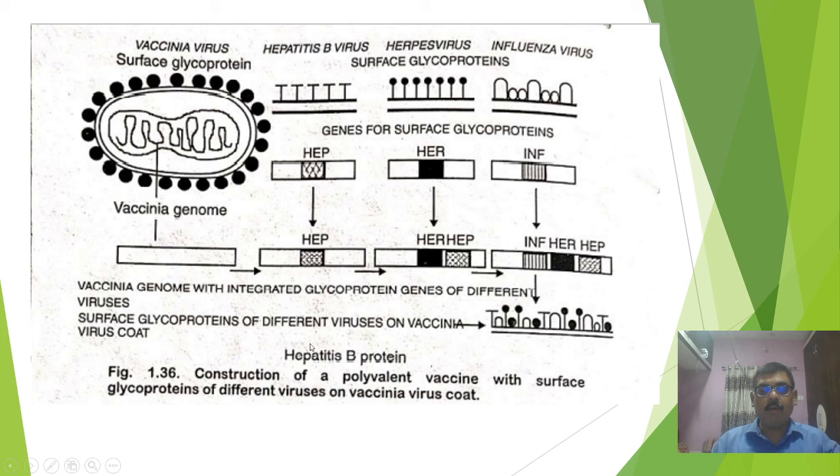This is the polyvalent vaccine using the vaccinia virus coat, which can confer immunity against many such diseases. So this is how you can produce immunity against that many viruses, or produce the vaccine by using recombinant DNA technology.